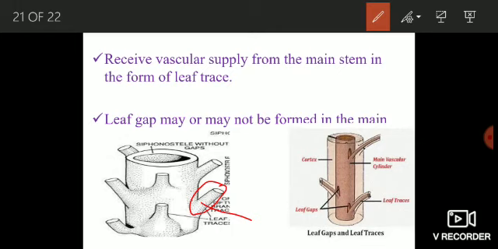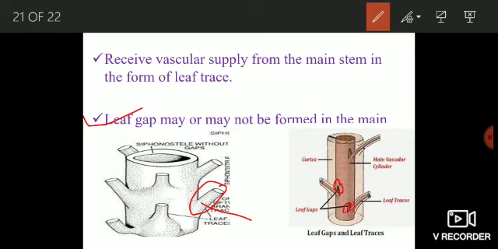And the gap which is left when a leaf trace is supplied to the leaf is known as leaf gap. Here you can see this is the gap, and this gap is known as leaf gap.